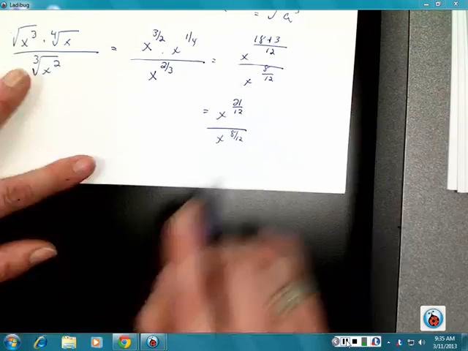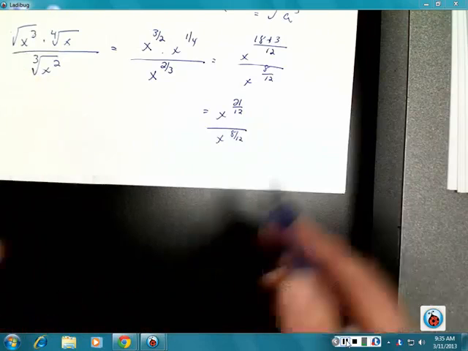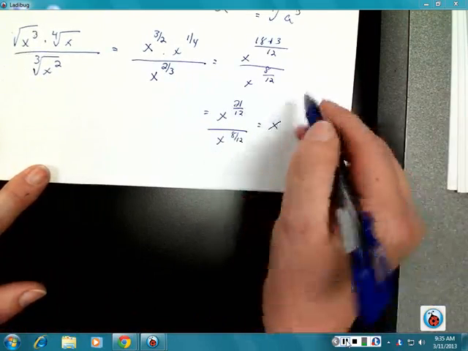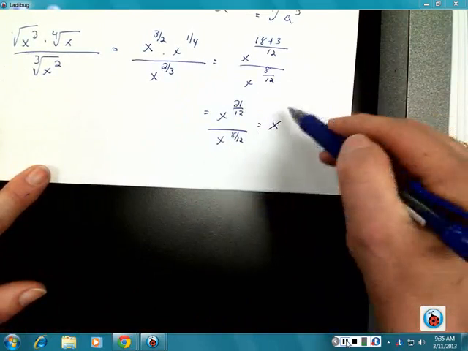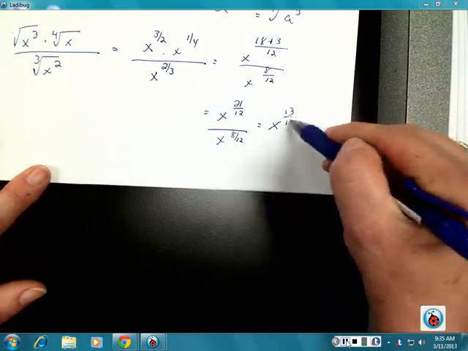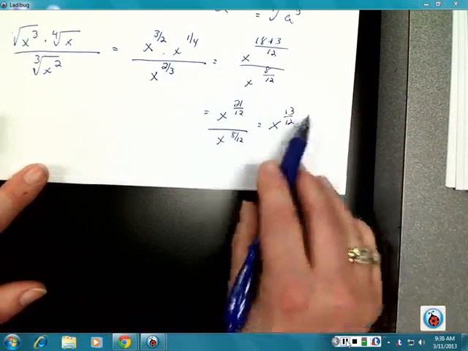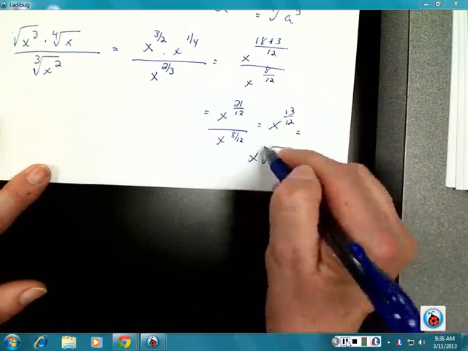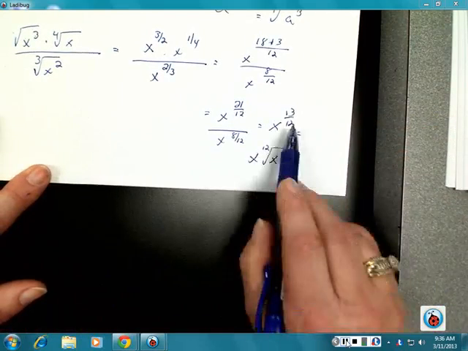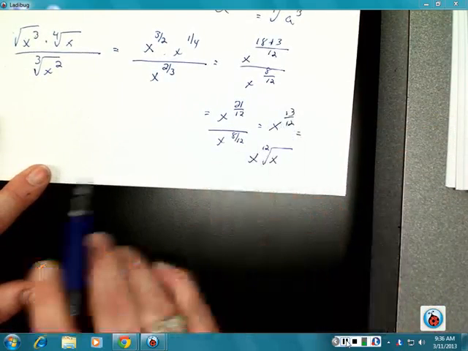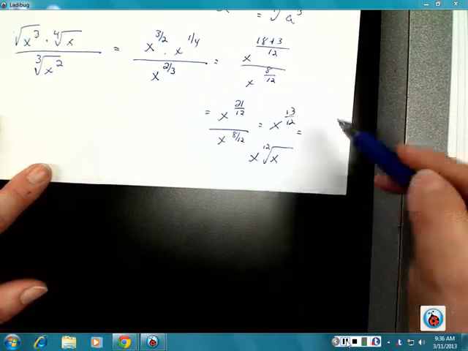So what would have to happen to those two now? Subtract. And 8 from 21 leaves me with 13 twelfths, or x, the 12th root of x, because 12 goes into 13 once, leaving me a whole x out in front, and leaves me with 1/12.